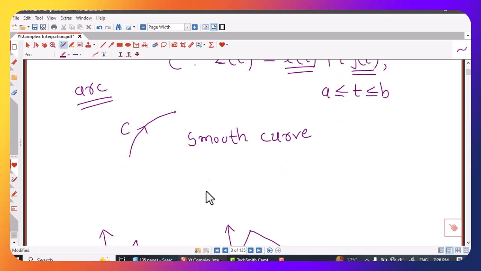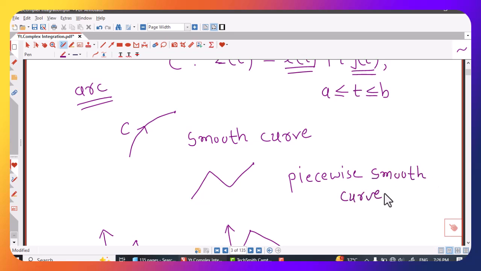And if it has a finite number of sharp corners, then it is called a piecewise smooth curve. So either we have a smooth curve or a piecewise smooth curve. Both are known as contours. So a contour is a piecewise smooth curve, but here the number of sharp corners must be finite.